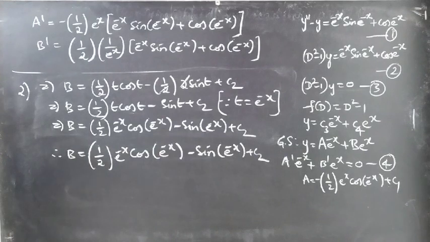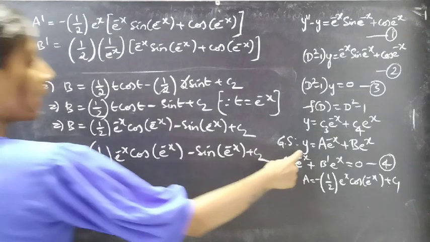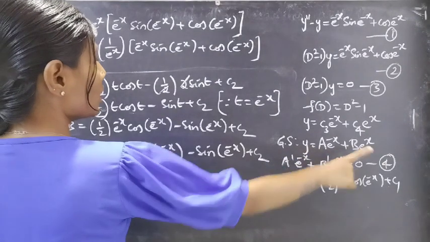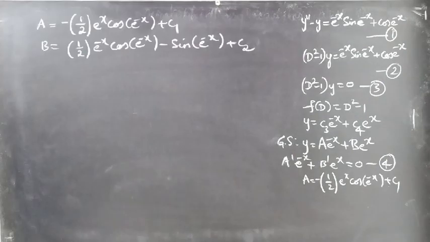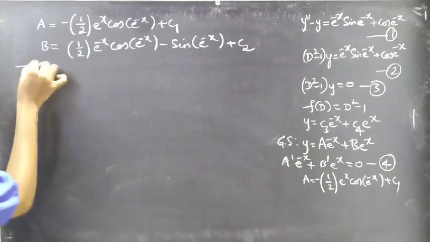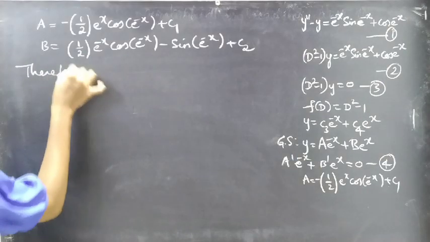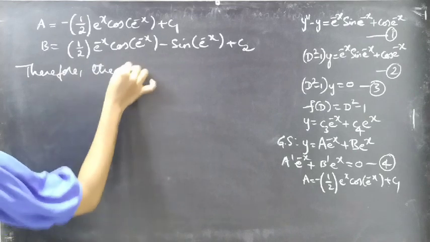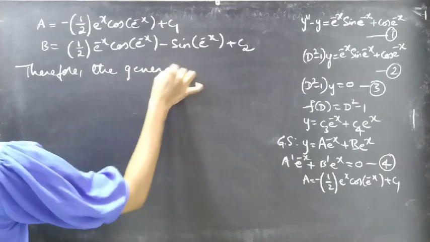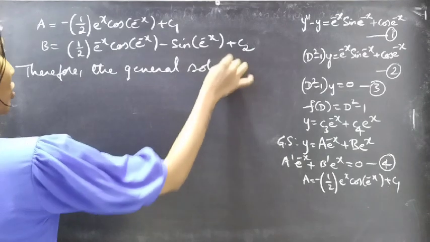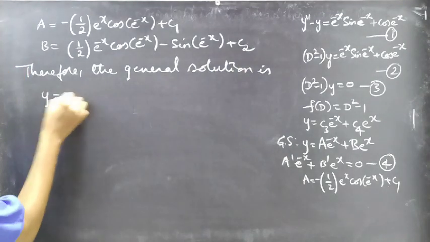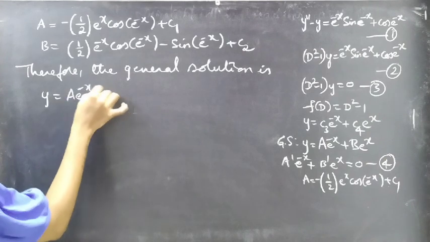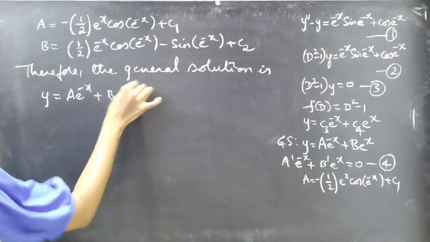Let's now find the general solution using y equal to a e power minus x plus b e power x. Let's substitute a and b in this. Therefore, the general solution is given by y equal to a e power minus x plus b e power x.